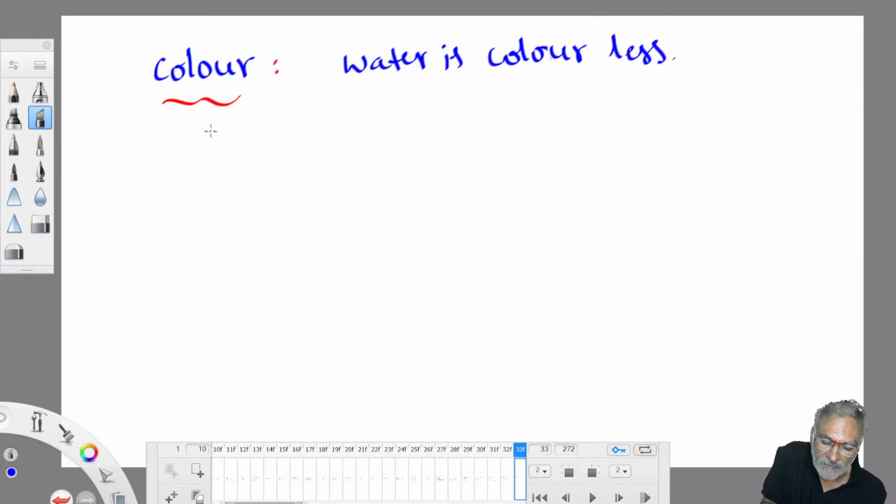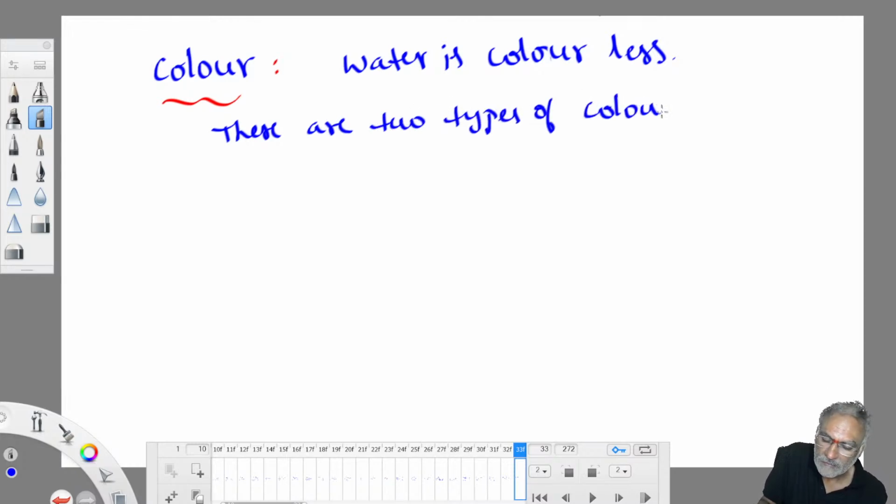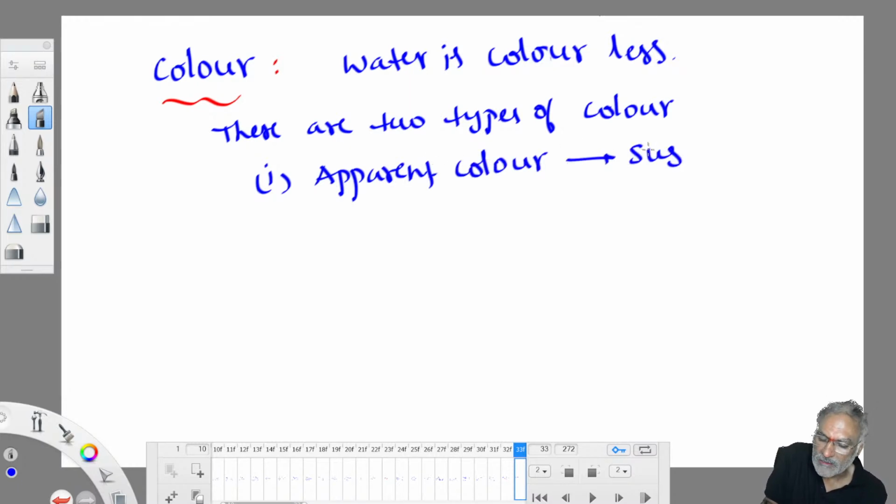There are two types of color we can trace out in water, often in raw water. One is called apparent color. Usually apparent color is caused by suspended particles, suspended impurities.